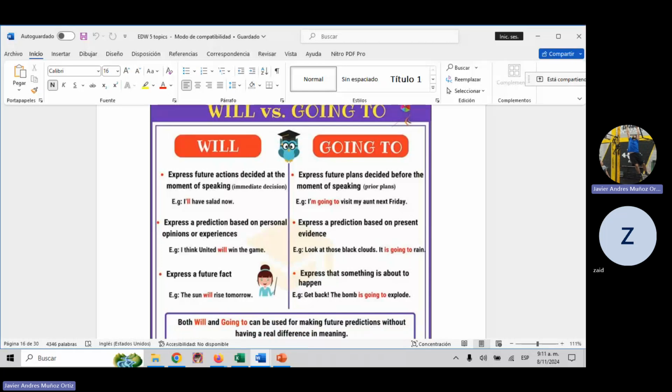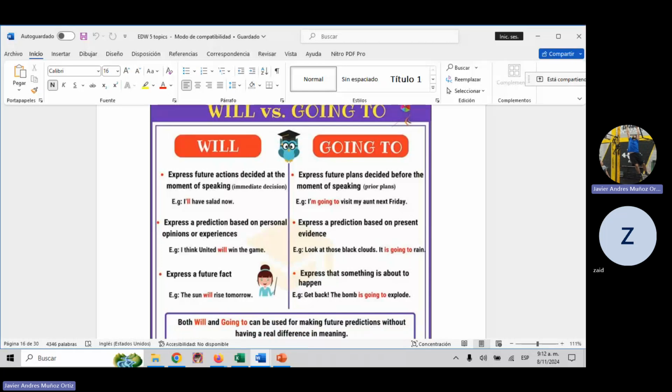And the third parallel is that will is used to express something that's going to happen in the future, but normally in a long-term period, right? I mean, we have to wait a long period of time. So normally, not always, but normally. Meanwhile, going to is used to predict something that's going to happen in the future, but in the short term.